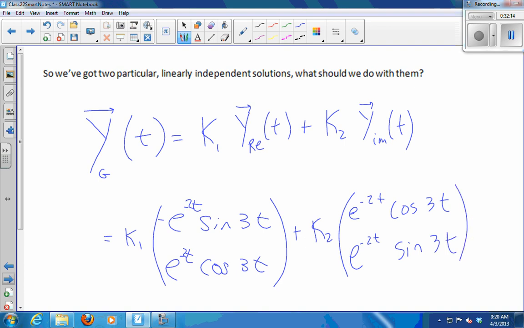The I disappeared, yes. So that was the magic of using Euler's formula to rewrite our solution that had complex numbers in it. Once you can write it as A plus BI, you can pluck off the A and the B part, and you have two new solutions.